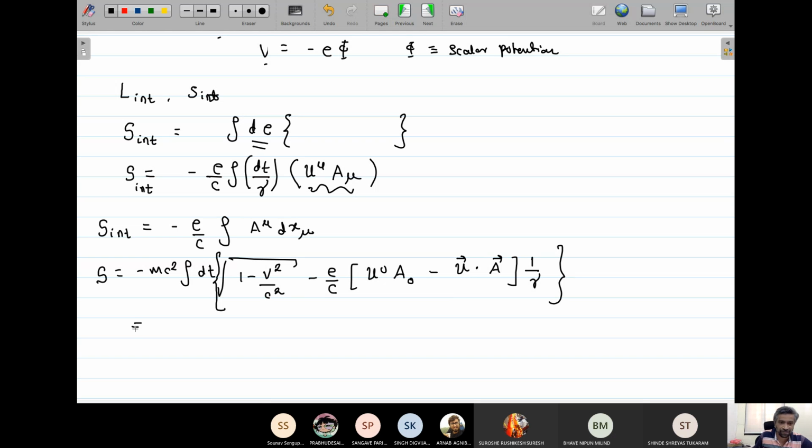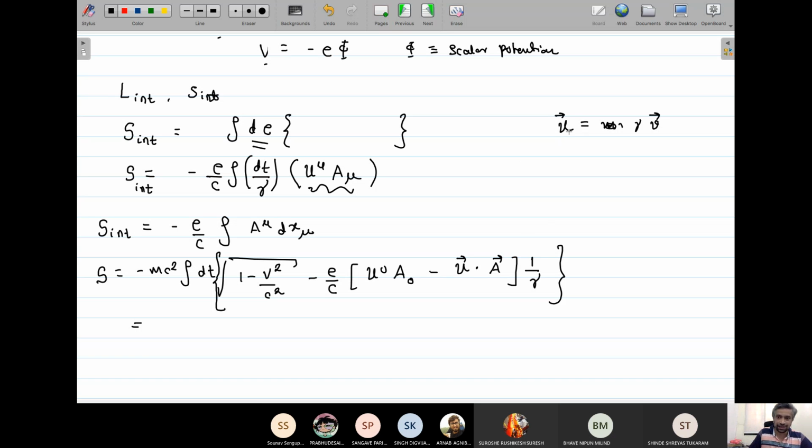And let us substitute the expression for u0 and convert this into 3-velocities. Remember what u is. u is the 3-component of the 4-velocity. This is related to your usual 3-velocity by this factor, gamma v. This is d vector x by dt, the spatial component of the 4-velocity.